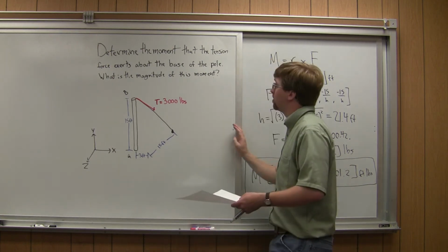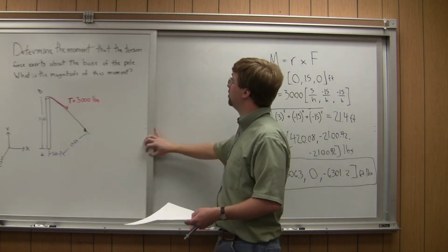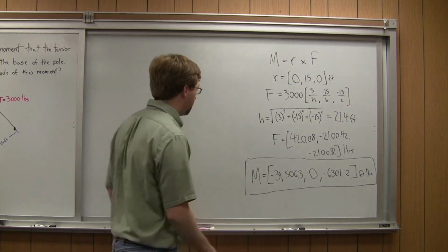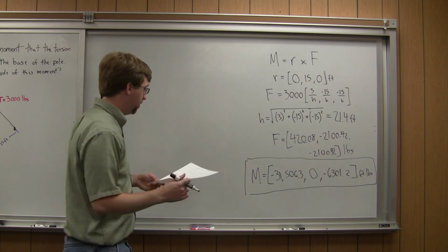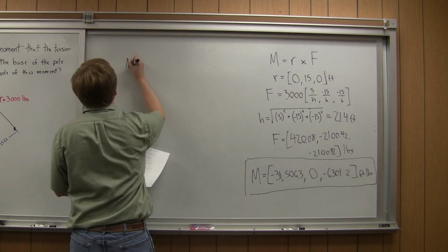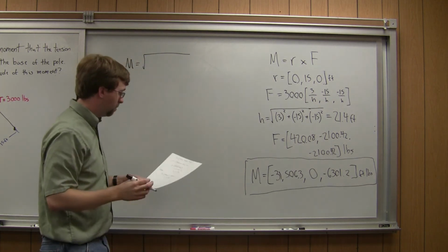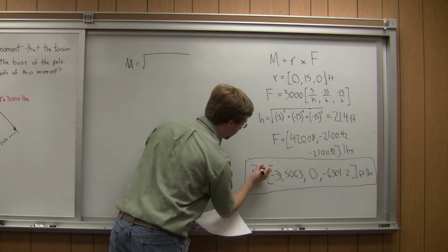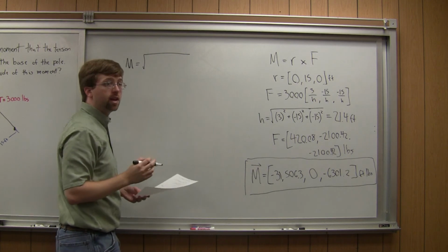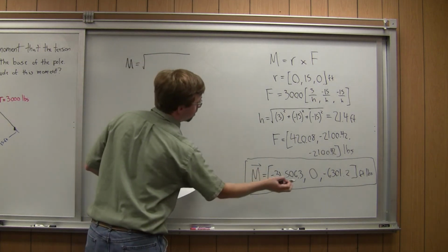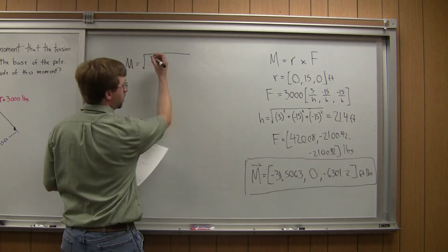So the last thing I'm asked to do is find the overall magnitude. Right now I've got the x, y, and z components of that moment vector. To find the overall magnitude, this is just the magnitude of that vector. It's going to be the square root of x squared plus y squared plus z squared.